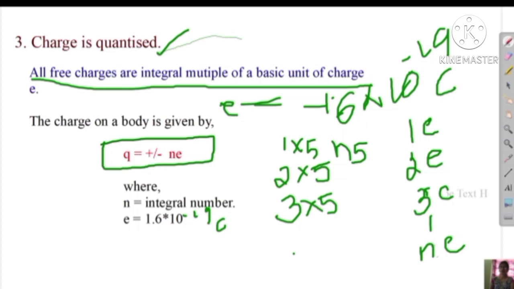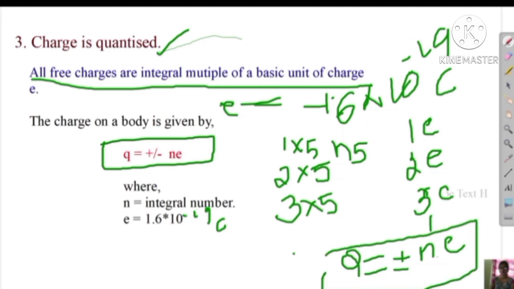If there is a loss of electrons, we denote it with a positive charge. If there is a gain of electrons, we denote it with a minus symbol. Hence, the total charge of a system is Q is equal to plus or minus ne, and hence the charge is quantized. So all the free charges are integral multiples of this basic unit of charge, which is e. Is it clear? I hope you have understood.